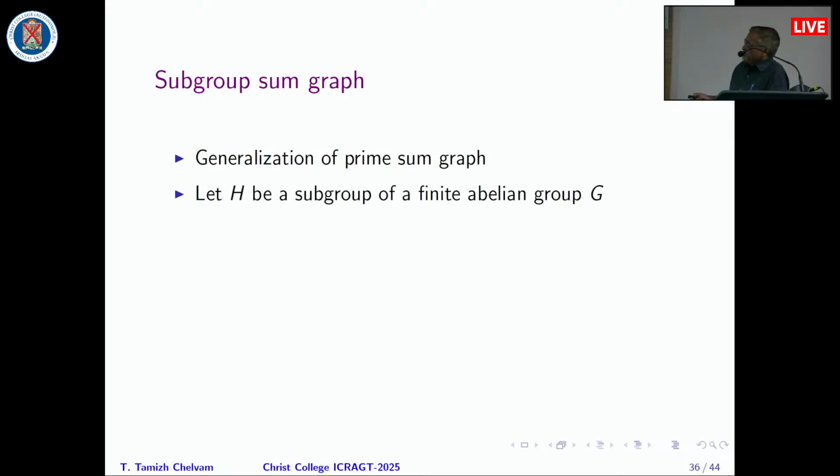And of course, the very generalized definition is: instead of considering x plus y equal to 2t or x plus y equal to 3t, we just take a finite abelian group G and one of its subgroups H. Okay.